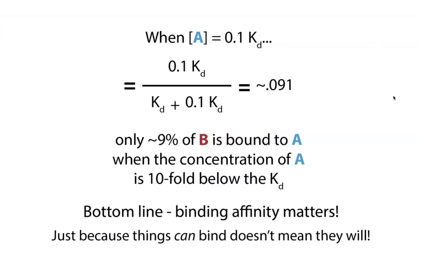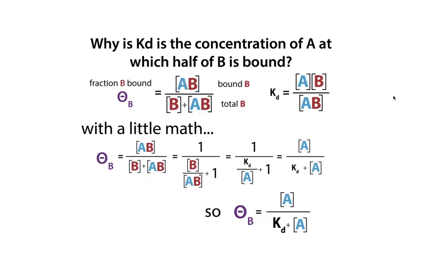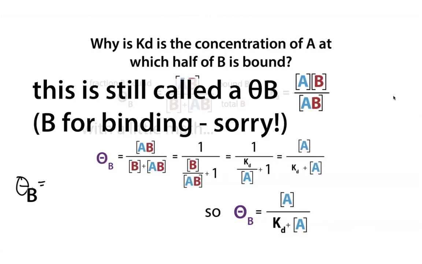You might be wondering, okay, well, what about the concentration of B? Remember, we just chose A and B randomly. So we could be talking about B in terms of A, or A in terms of B. So if we take this KD equals concentration of A times the concentration of B over the AB, but instead we do theta A, we get that theta A is going to equal the concentration of AB over the concentration of A plus the concentration of AB.